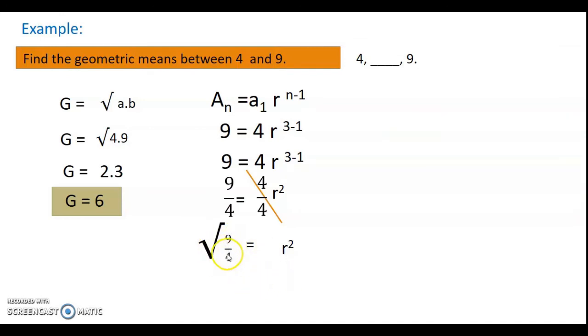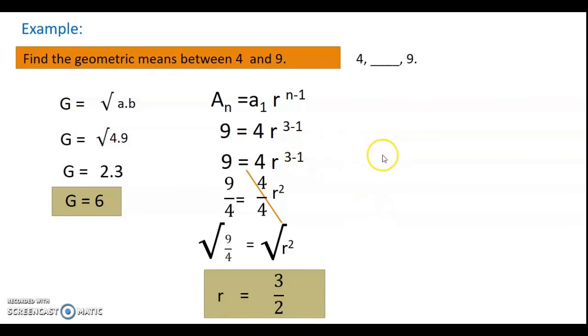The square root of 9 over 4 is 3 over 2. So our r here is 3 over 2. So our common ratio is a fraction, 3 over 2.